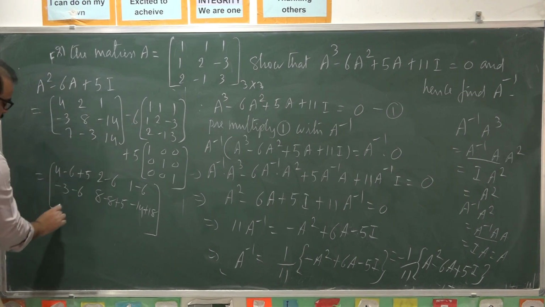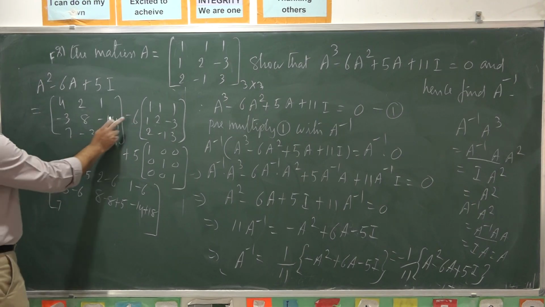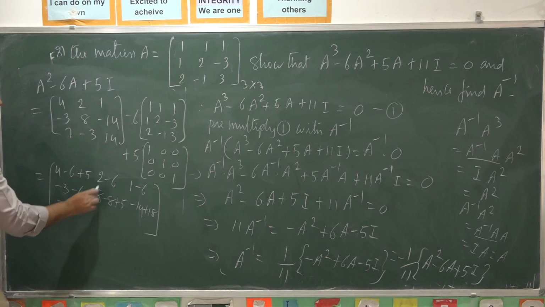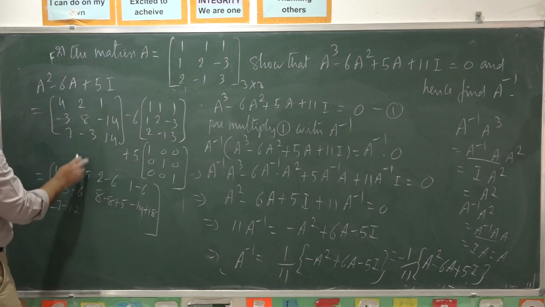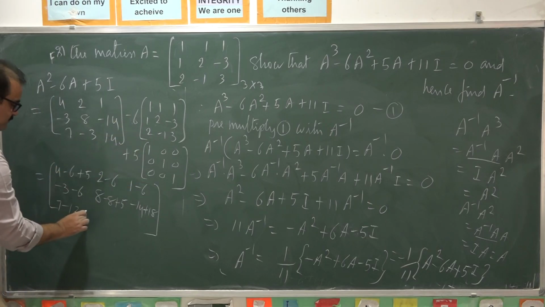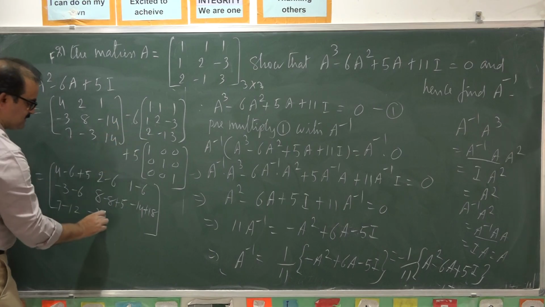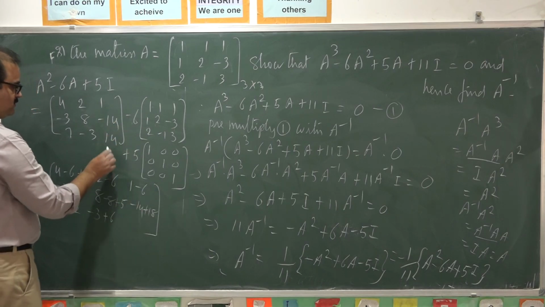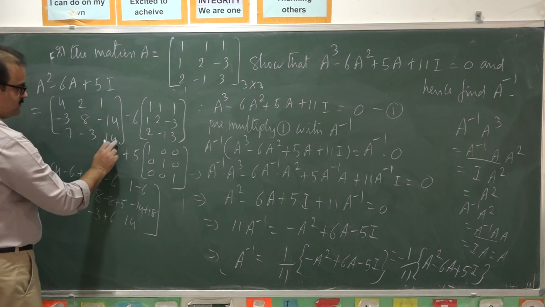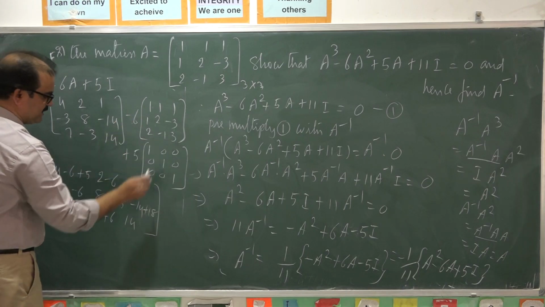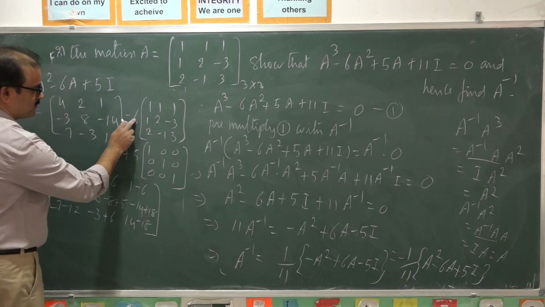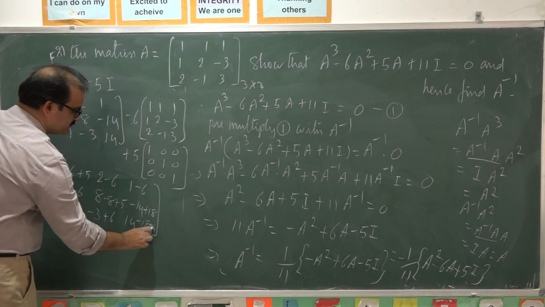Next 7 minus 12 plus 0. Next minus 3 plus 6 plus 0. Next 14 minus 18 plus 5.